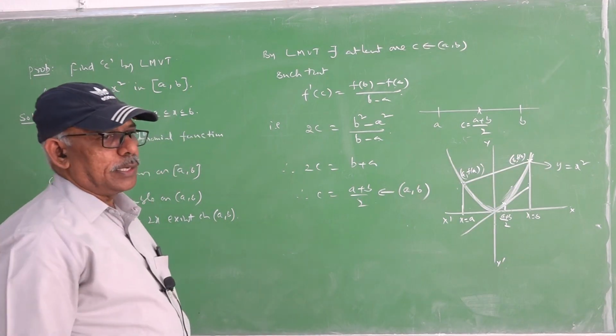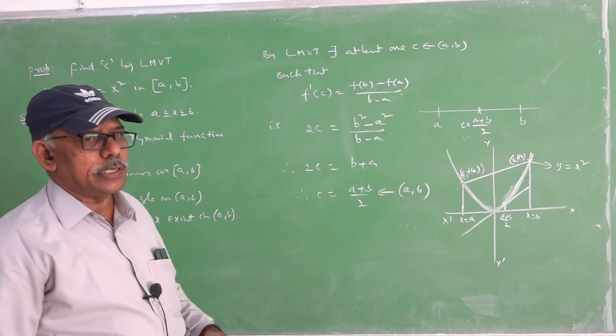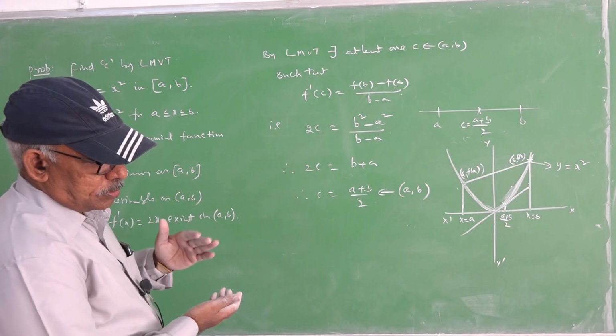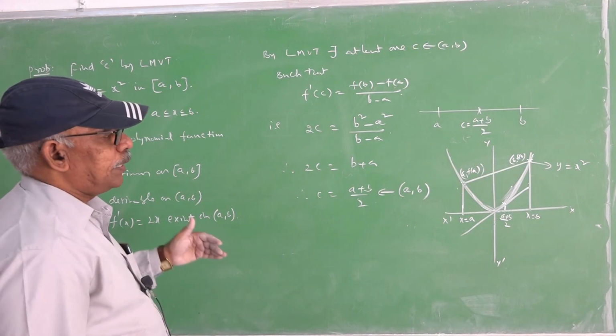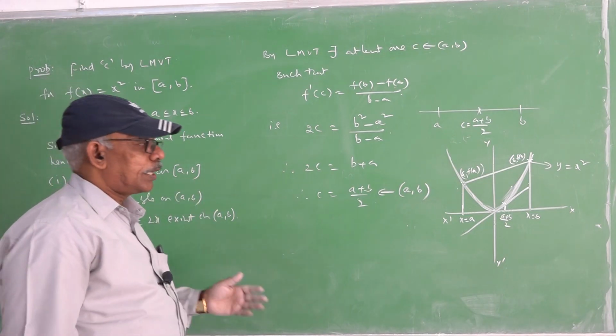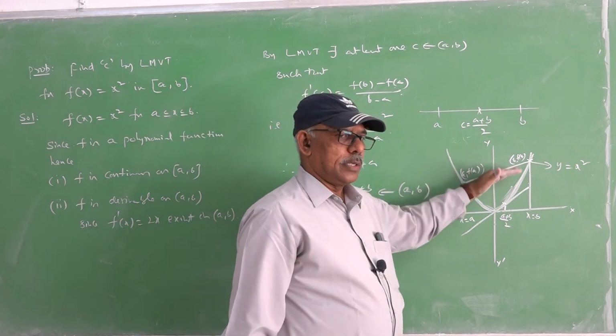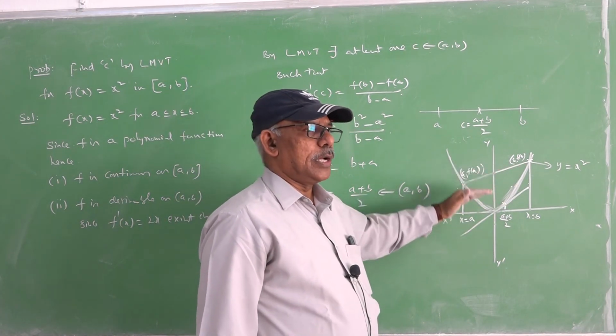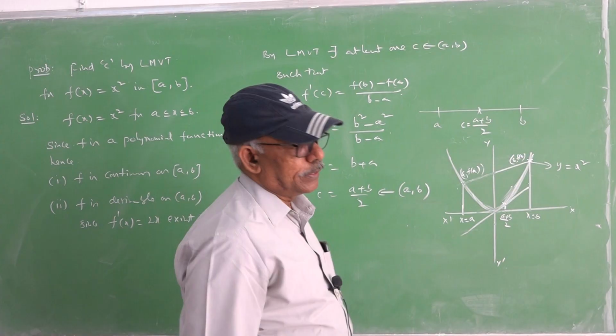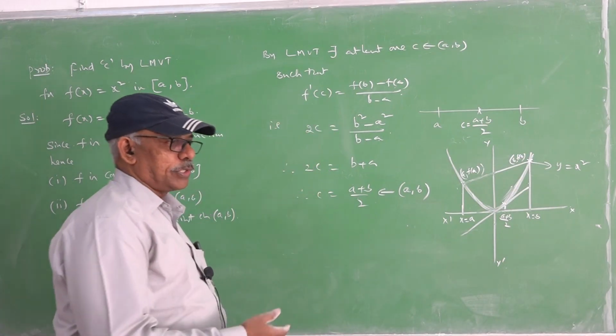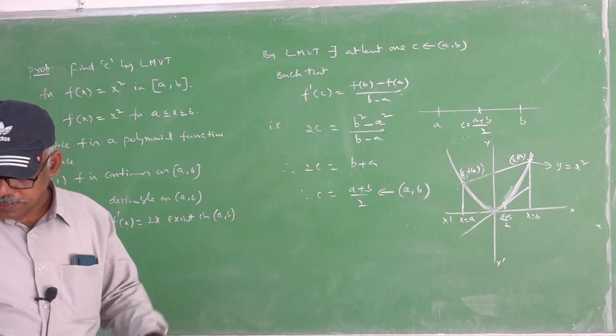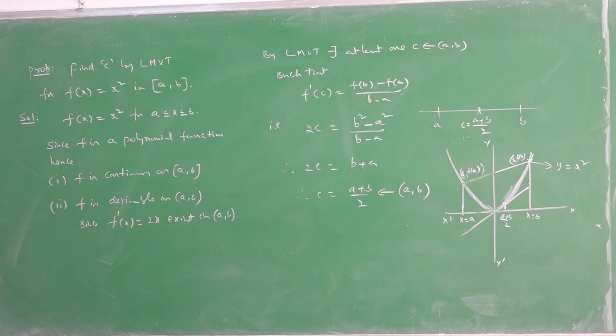So, such a tangent can be drawn to the curve by Lagrange's mean value theorem. The tangent is always parallel to this chord. The chord is parallel to such a tangent. That is the geometrical interpretation of Lagrange's mean value theorem, an application of Lagrange's mean value theorem geometrically.